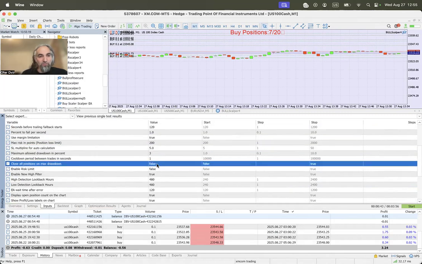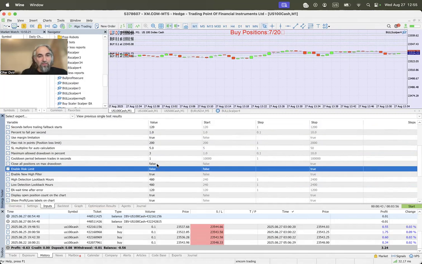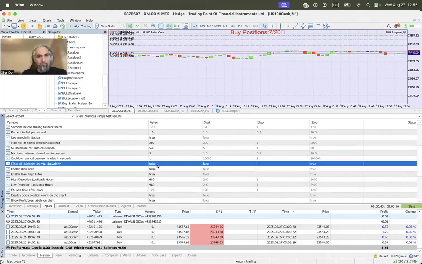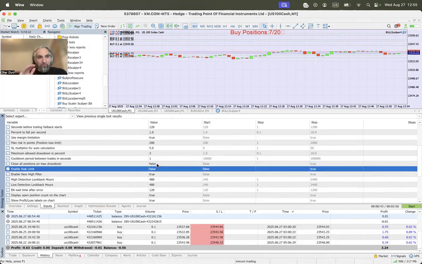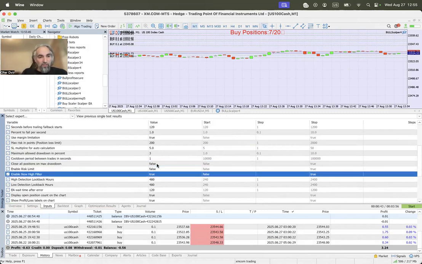I don't use it. So that's the enable risk that enables the stop loss, not the trailing loss, the stop loss. If any position is in loss, I just let them pass this situation because I believe in the Fibonacci decisions, and then I just wait until the situation gets better. So I leave them at false.